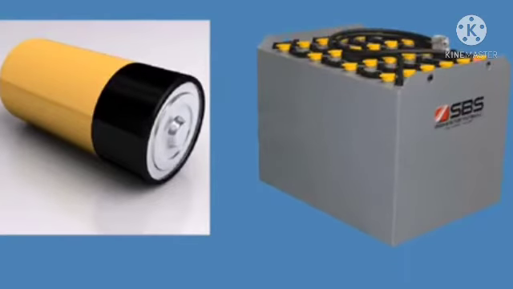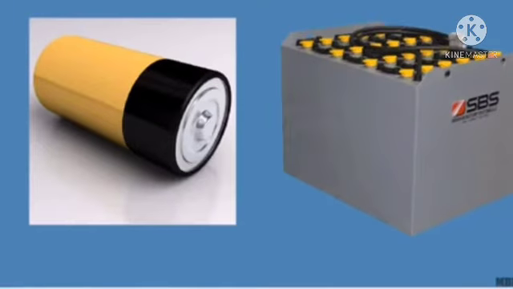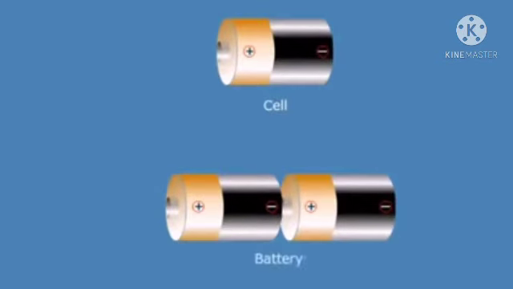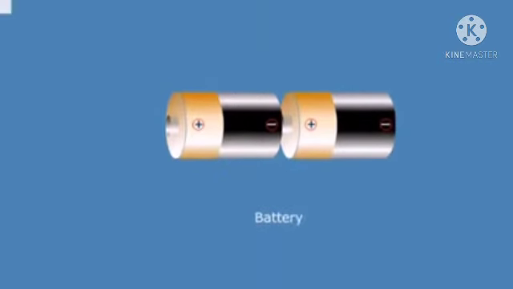A device that produces an electric current is called a source of electric current. Examples are cells, batteries, etc. Battery. When two or more cells are used to draw an electric current, the combination of cells is called a battery.